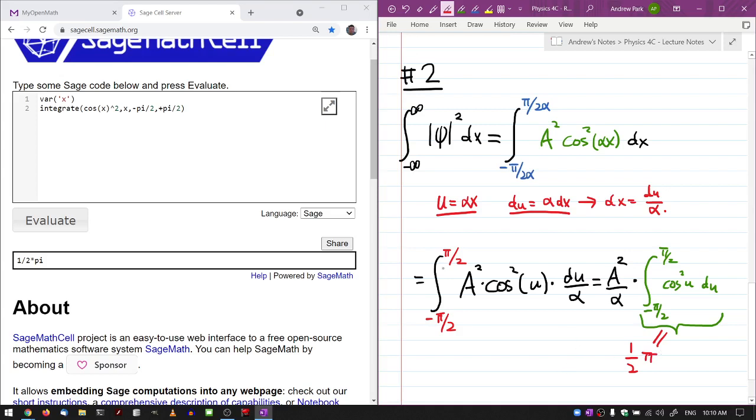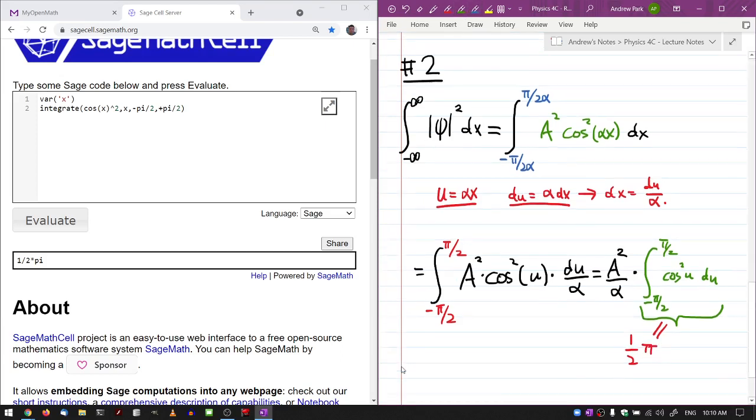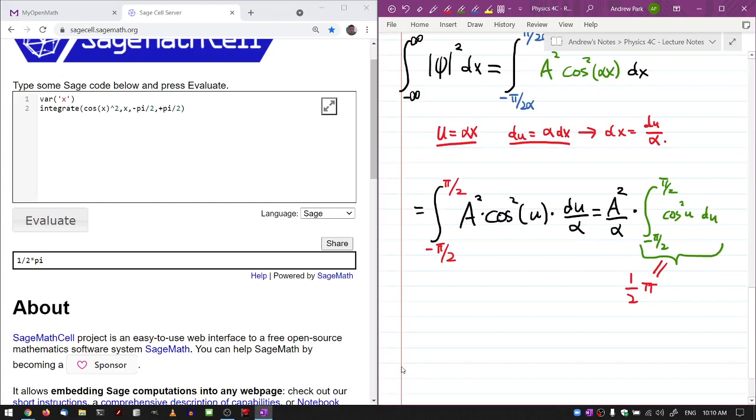So this is the expression you have for the normalization condition: a squared over alpha times 1 half times pi is equal to 1. Solving this for a, you get a equal to the square root of 2 alpha over pi.